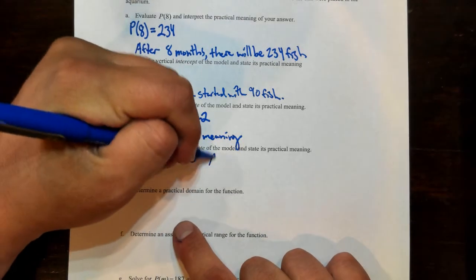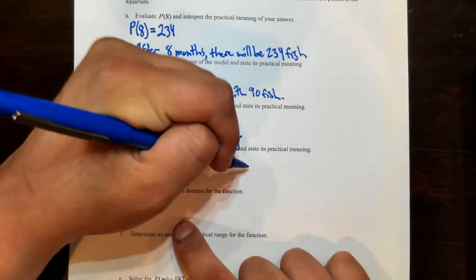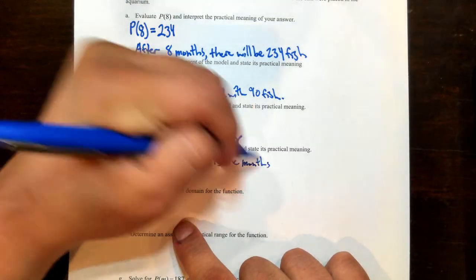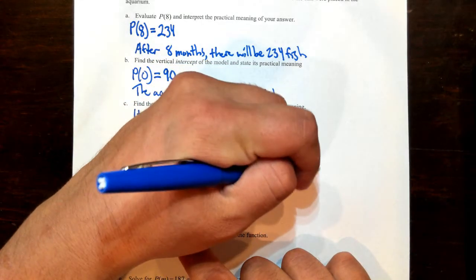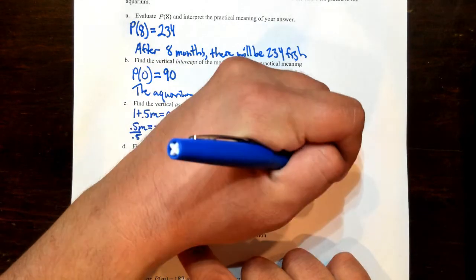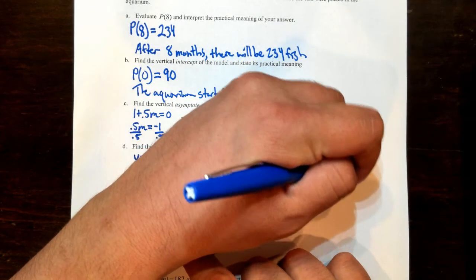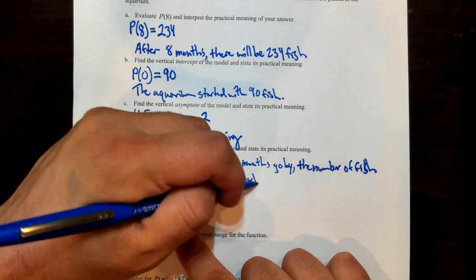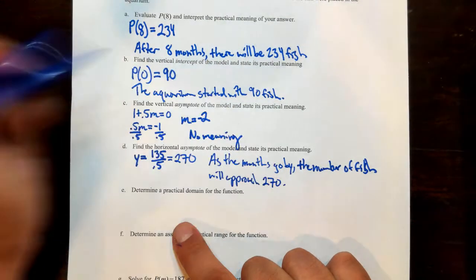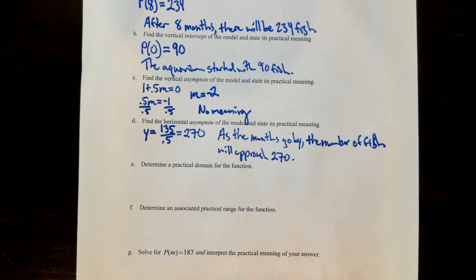So we can say, as the months go by, the number of fish will approach 270.